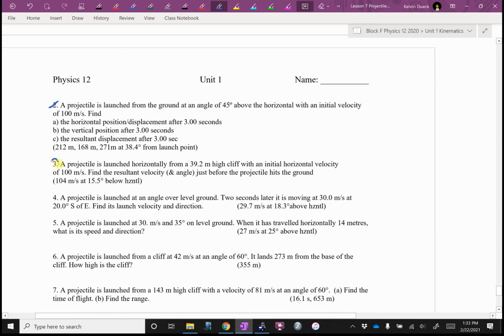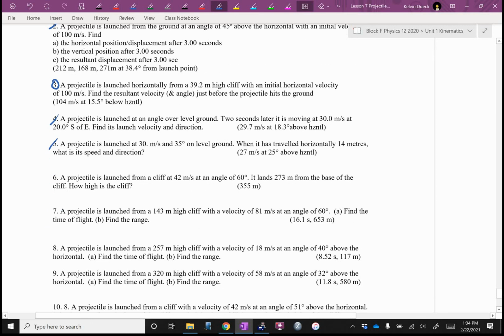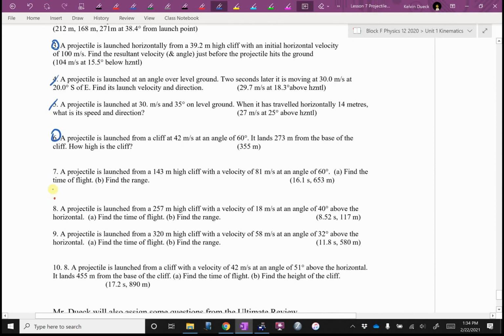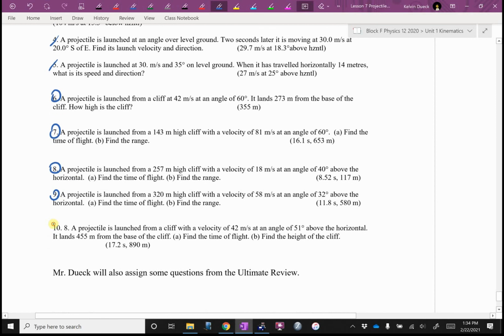Number 3, I'm going to assign, but I need to do more examples of velocities. So if you want to leave a gap, tomorrow, if you look at where we paused, it's finding another impact velocity practice question where you're going to add the components tip to tail and do some Pythagoras and stuff. So I'll assign it because technically I've done one of them with you, but we need to practice some more. 4, nah. 5, nah. 6 is good. 7 is good. 8 is good. 9 is good. 10 is good.